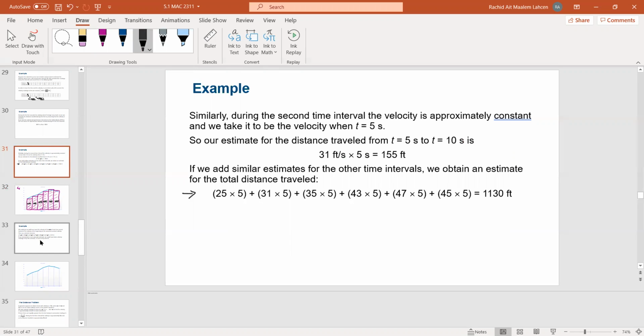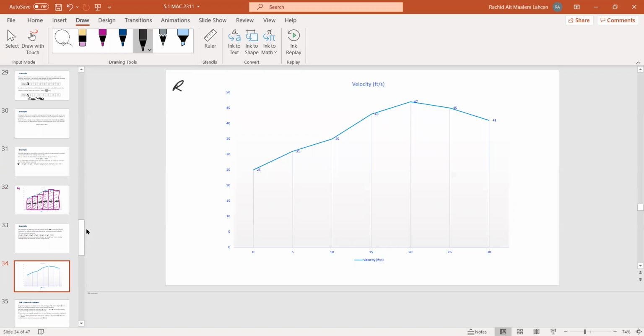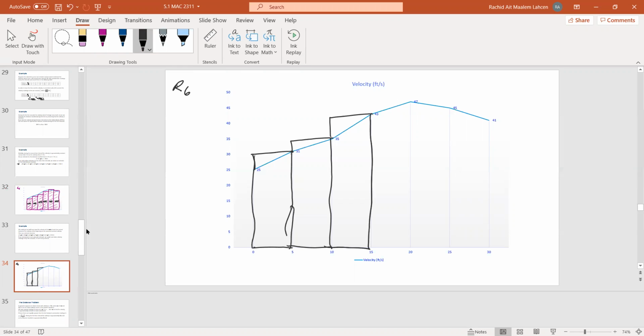That's one way. We can do the other way, which is the right side, and 6 of them. You see the right side now, this is the first interval, but we're starting with the 31. Then the next, then a 43, and this one here.